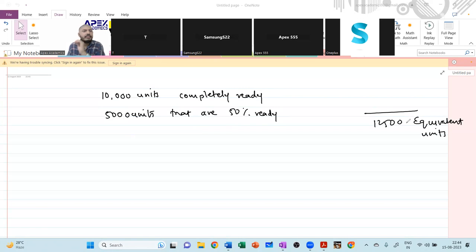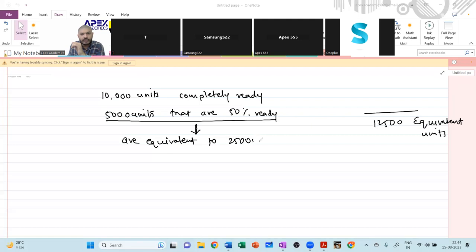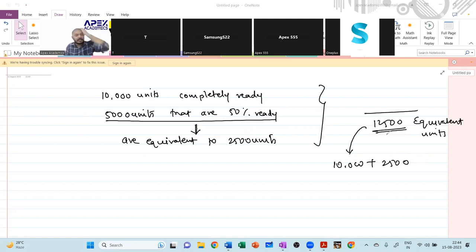What is the meaning of equivalent units? 5,000 units that are 50% ready are equivalent to 2,500 units. And on a total basis, I have 10,000 plus 2,500 units. So I have a production which is equivalent to 12,500 units. That right there is the meaning of the term equivalent units.